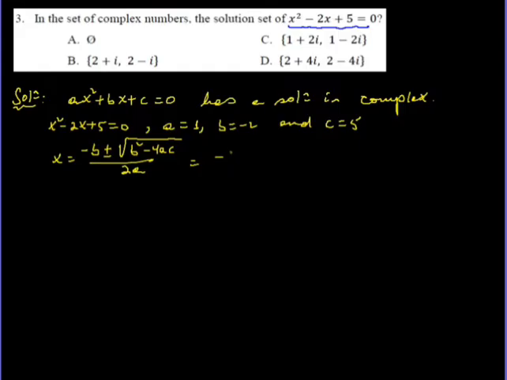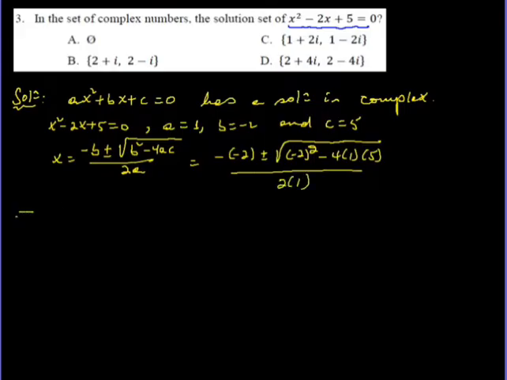So minus b is minus 2 plus or minus square root of minus 2 square minus 4ac. A is 1, c is 5, b is minus 2, over 2a.